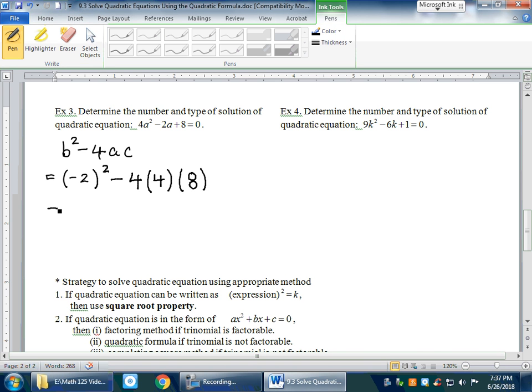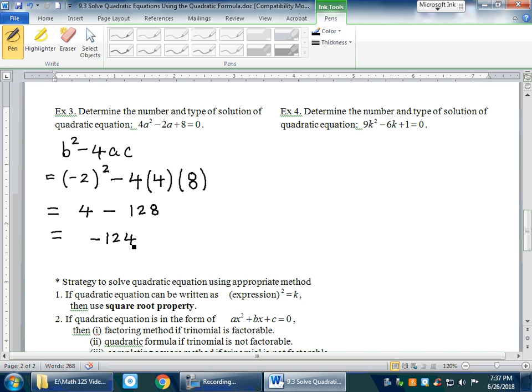So if I use the calculator to compute or by hand, this will give me a negative number for sure. So it will be 4 minus 4 times 4 is 16, 16 times 8, that is equal to 128. So the value of the discriminant will be negative 124, which is a negative value.